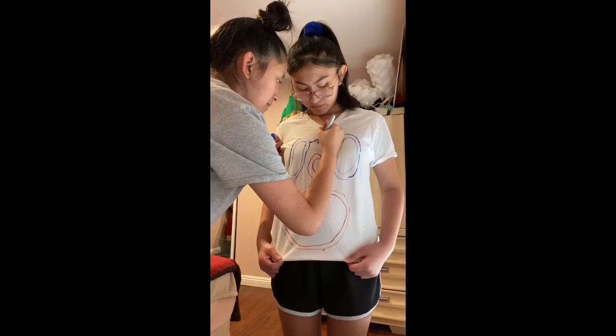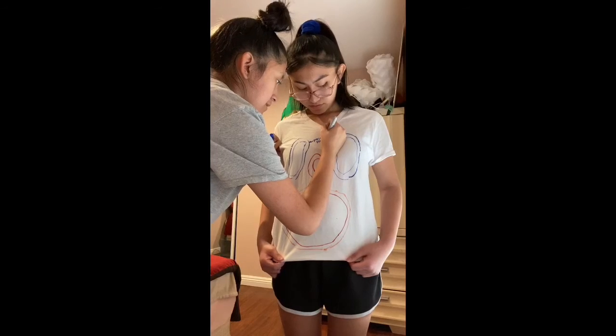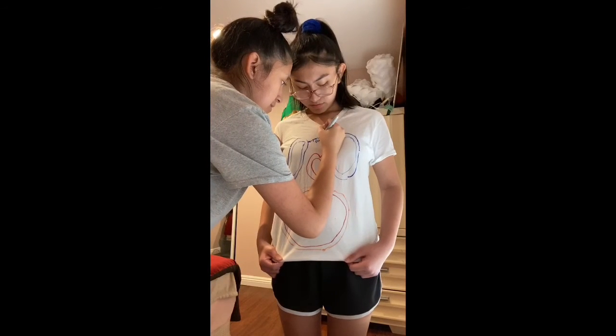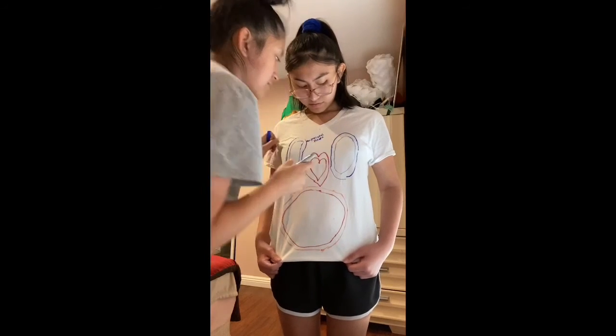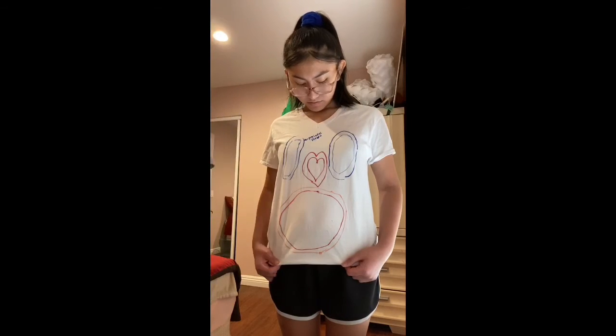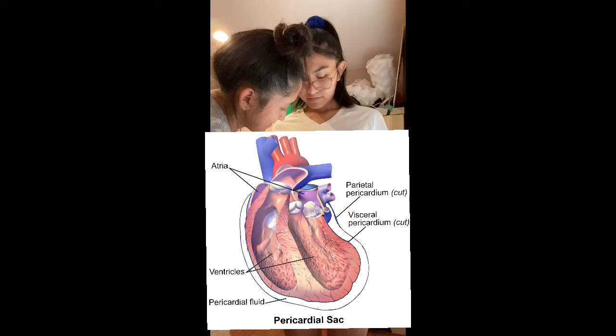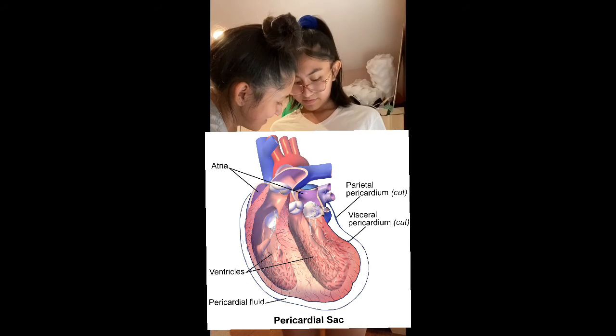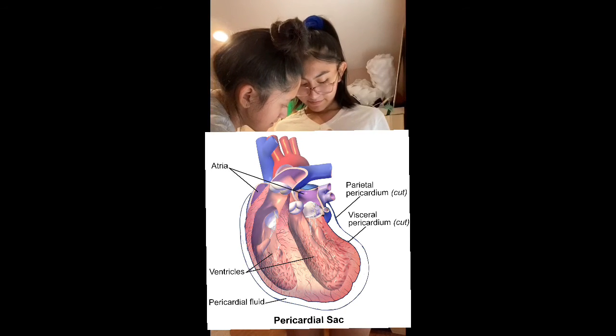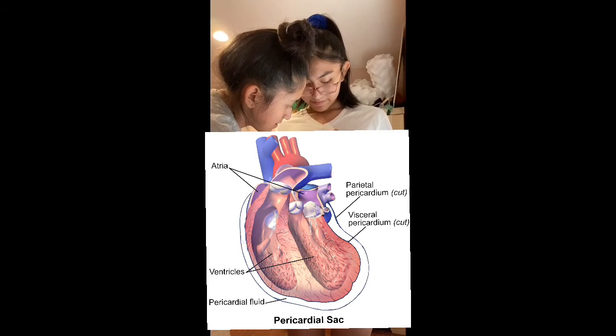So now we're just going to move on to the heart. The heart also contains a parietal pericardium and visceral pericardium. A parietal pericardium is the outer layer of the 2 layers of the serous pericardium lining the fibrous pericardium. Basically just the outside of the heart, the outer layer of the heart.